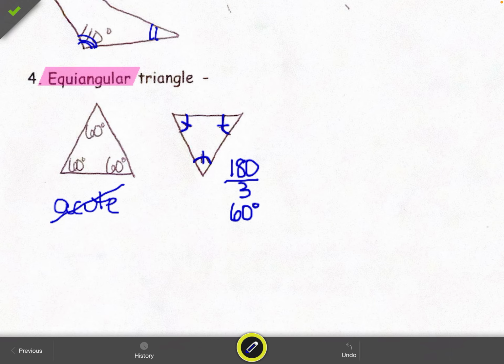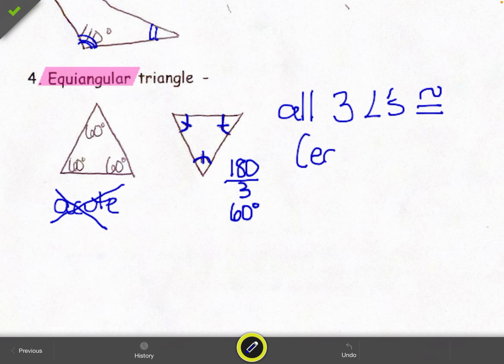Since all of my angles are equal, again, we're not going to call it acute, even though technically, yes, they're all less than 90. If all of my angles are equal, we're going to call it an equiangular triangle. So to call it an equiangular triangle, all 3 angles have to be congruent, and if they're all congruent, that means each is going to be 60 degrees.